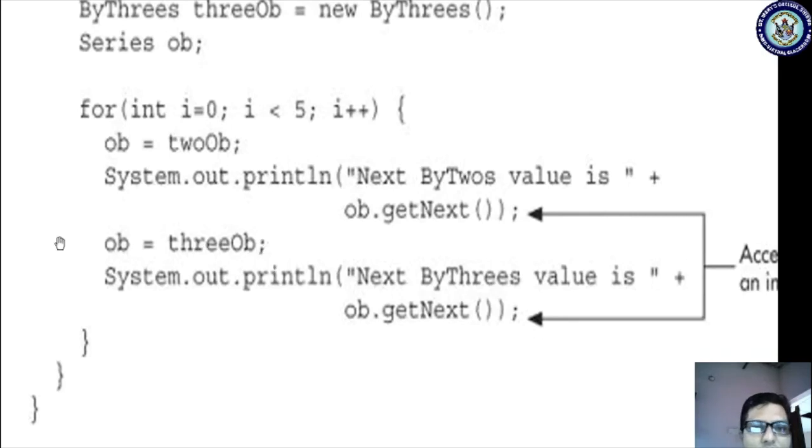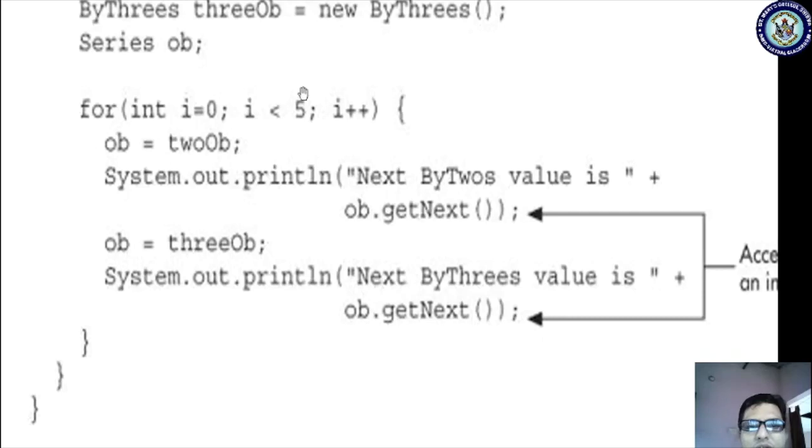Here it comes once again, you are assigning the object of the By3 class. So once again it will call. Got it? ob.getNext will increment by 3. Now i becomes 1, 1 less than 5, condition true. Once again you are assigning and calling. For the next call it becomes 4, here it becomes 6. Got it?